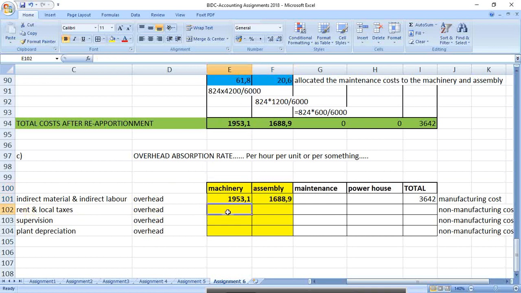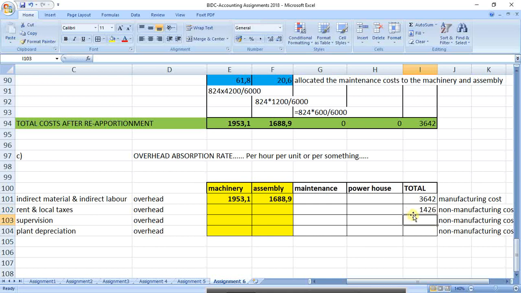Right, rent and local taxes, how much is it? Rent and local taxes, they're allocating it. Yeah, but we've got machinery and assembly. So if we look at the total, let's write down the total then. What are the totals? 1426.